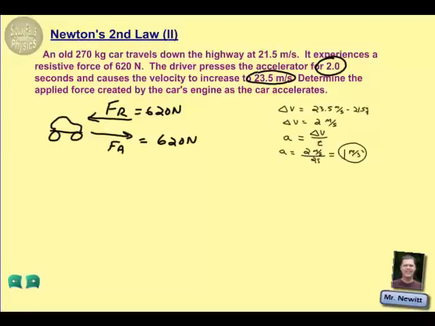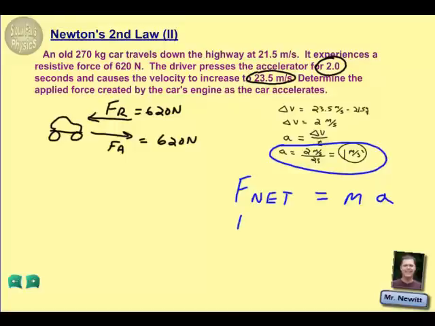Now remember, we are trying to figure out what the applied force of the car's engine is when the car is accelerating. Now that I know my acceleration, I can figure out the net force acting on the car, because the net force acting on the car while it accelerates has to be equal to its mass times its acceleration.